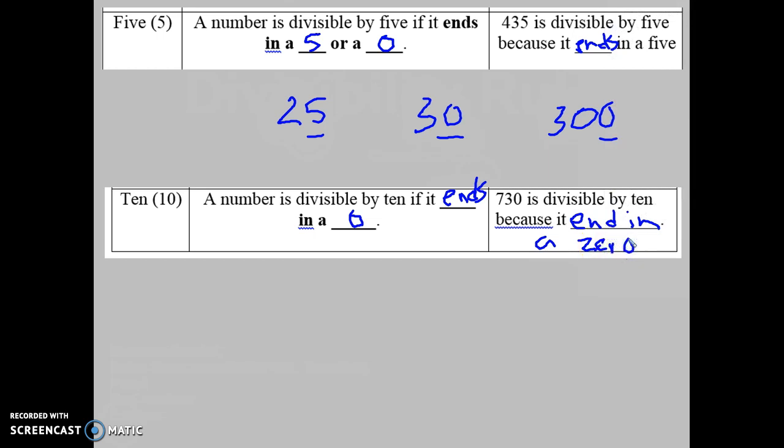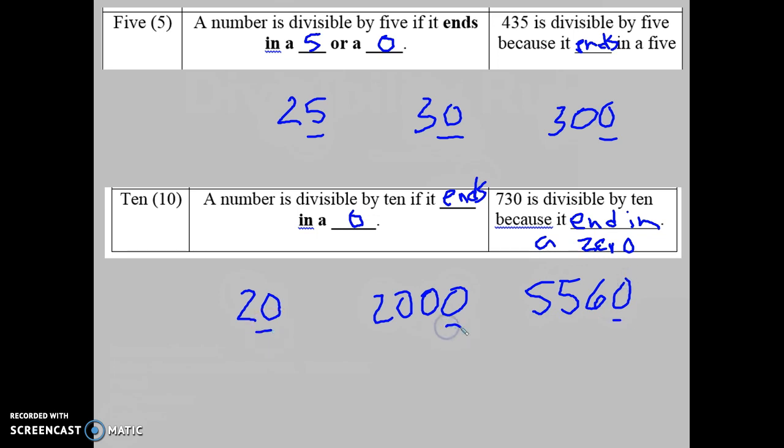So a few other examples that also are divisible by 10, we could say 20, we could say 2,000, we could say 5,560. As long as that last digit ends in a 0, then your number is divisible by 10.